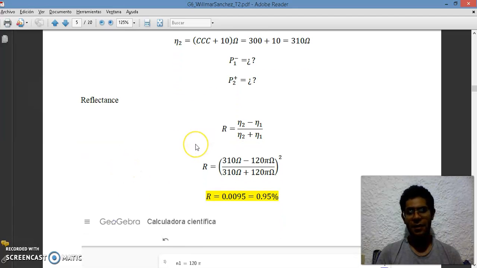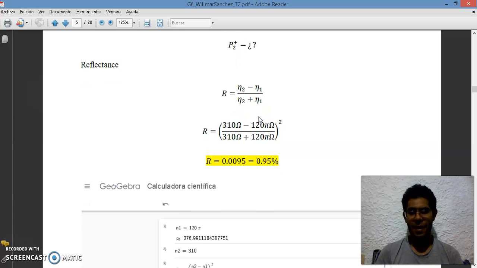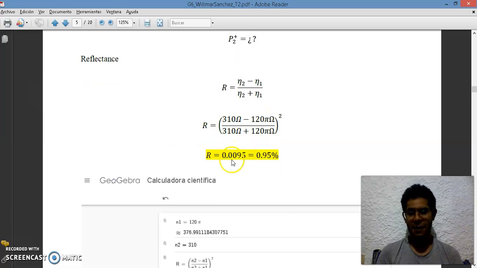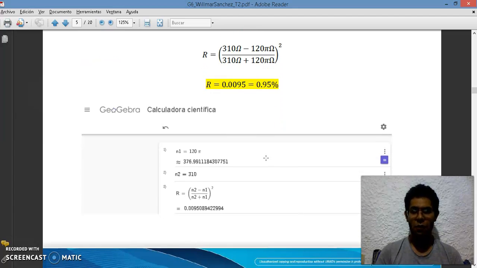Okay, the first is to find the reflectance. This is the formula. We replace it and find that the reflectance coefficient is equal to 0.95%. It's so small, smaller than 1%.